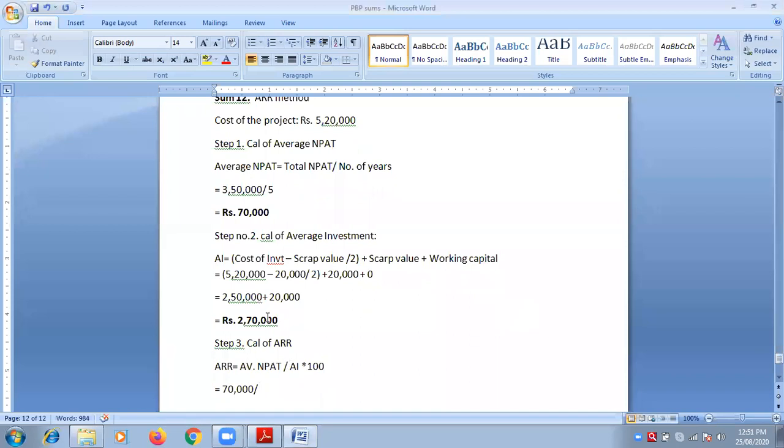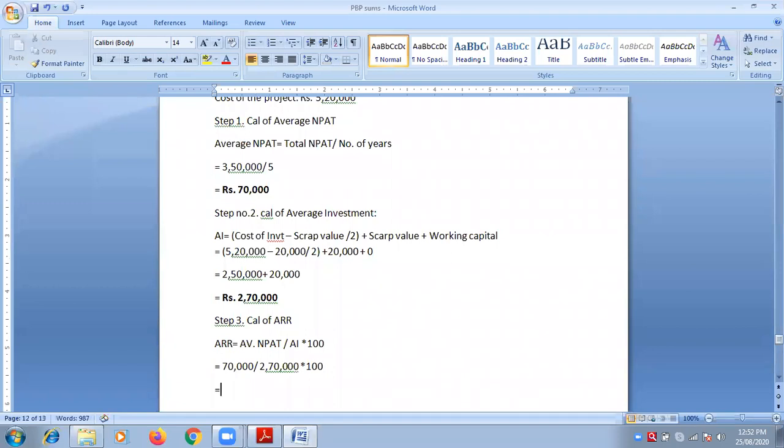Average investment, step number 2, 2,70,000, into 100. So what is the final answer? 25.93%. This is my final answer, ARR.